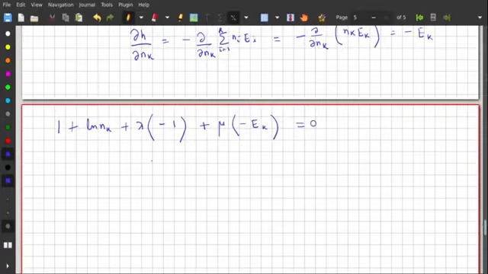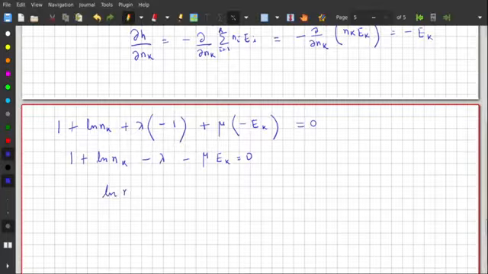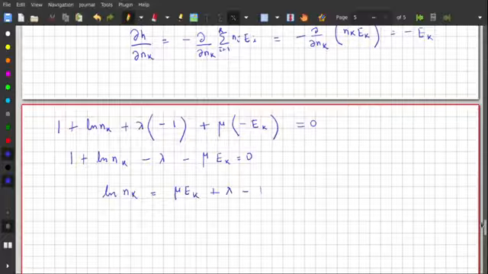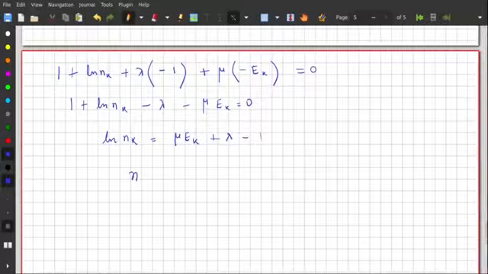So on simplification, this becomes 1 plus log n_k minus lambda minus mu e_k equals 0, or we can write this as log of n_k equals mu e_k plus lambda minus 1, or n_k is e to the power mu e_k plus lambda minus 1.